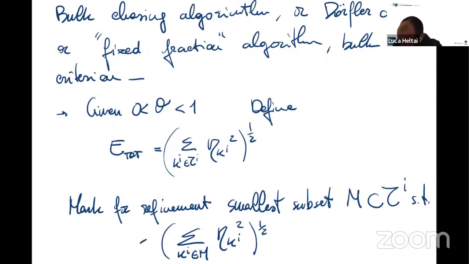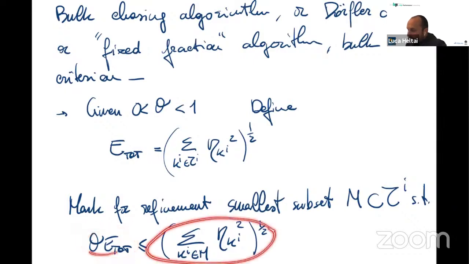greater or equal, yes. So basically what you do is you order all the eta k's, and then you keep summing them until you get to a fraction of the total error, and you select the smallest number of elements such that the theta fraction of the total error is contained in the elements that you marked for refinement.